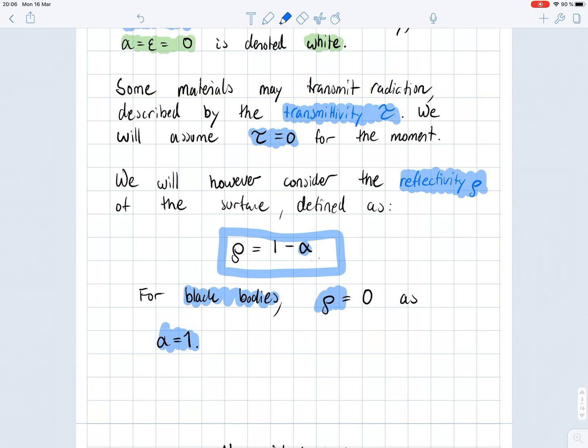That means that rho equals 0. Which is in line with our definition of the black bodies, as the black body will absorb all possible radiation. It will not necessarily reflect anything, so it has to have a reflectivity of 0.